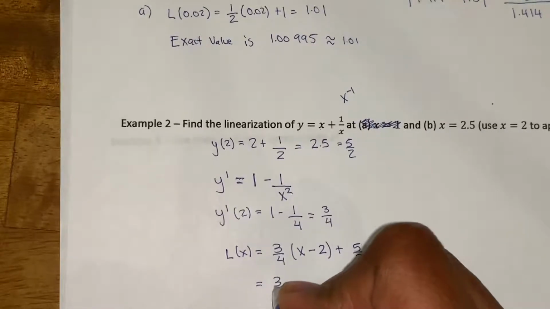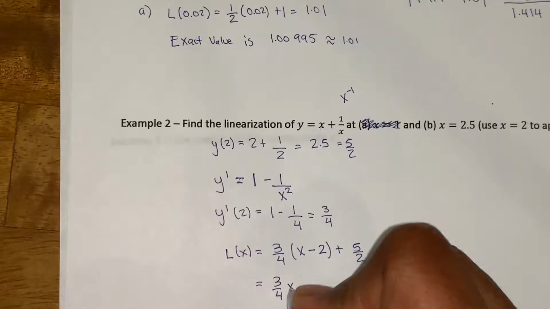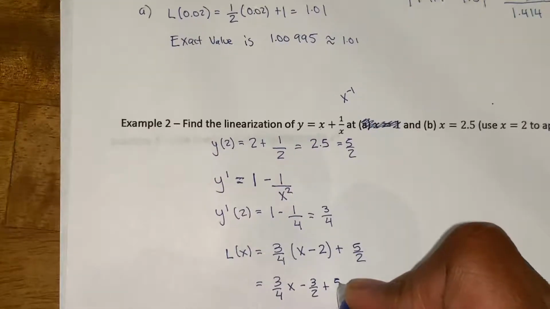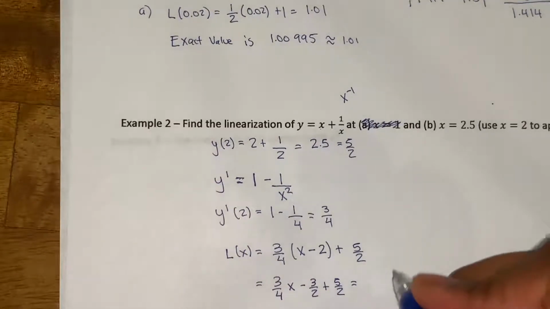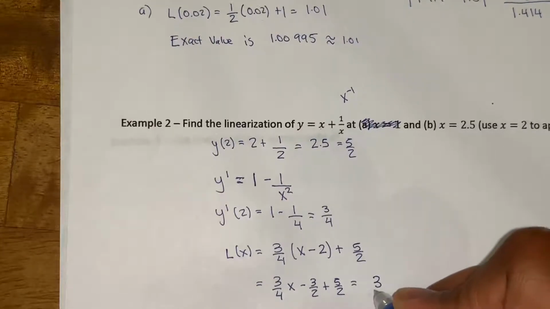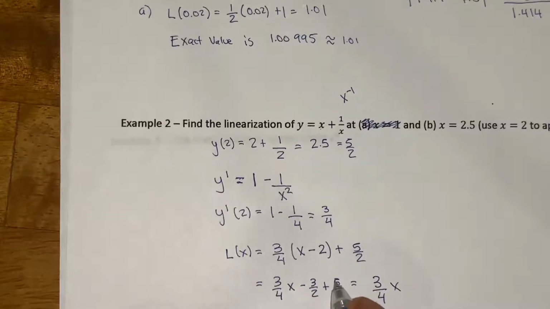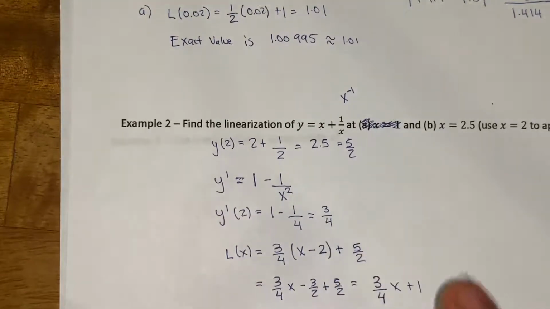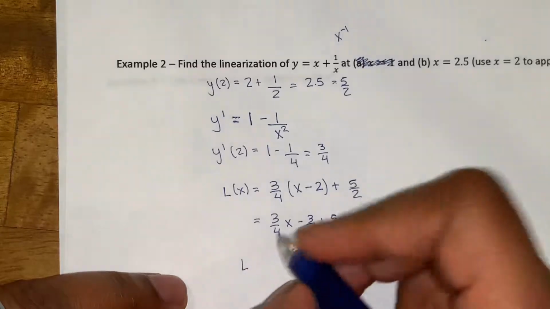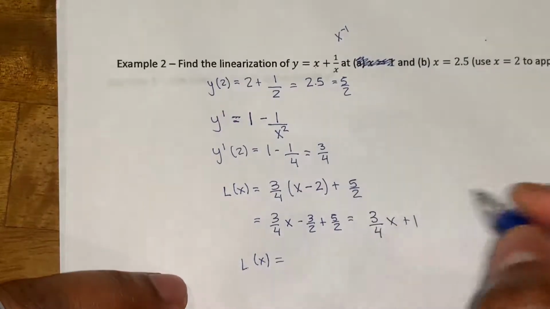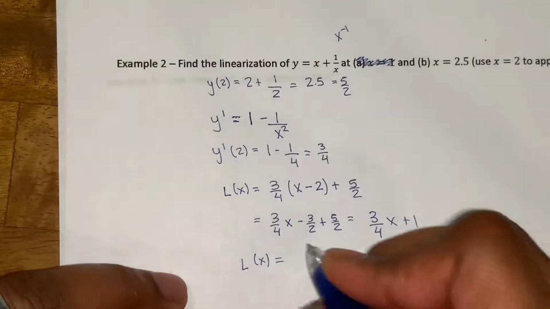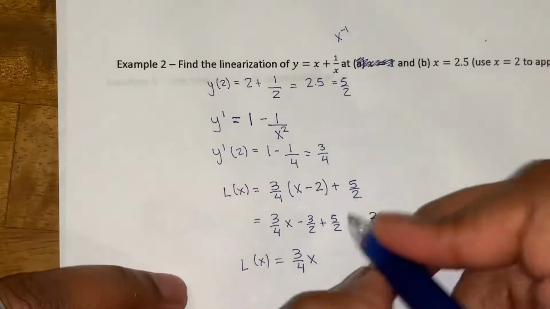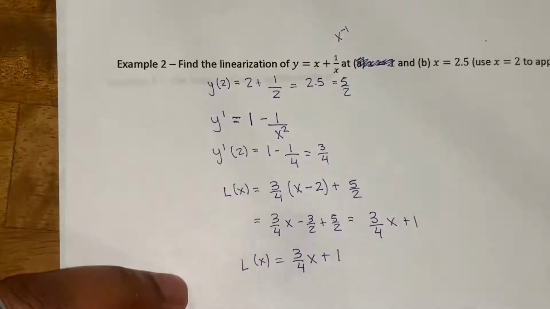So we get 3/4 x minus 3/2 plus 5/2, which is 3/4 x plus 2 over 2, so plus 1. Our linearization centered at x equals 2 is 3/4 x plus 1.